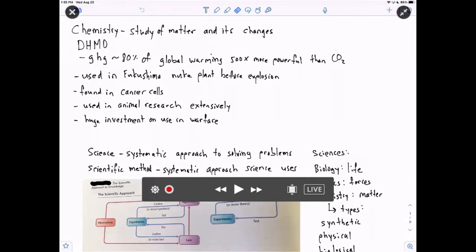Okay. Anybody have any questions about what is science and what is not science? Nope. Okay, so chemistry is the study of matter, and I know we're changing topics. What is matter? Matter is something that has mass and volume. That's one of the definitions of matter.